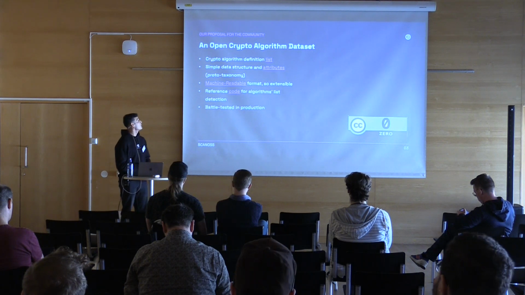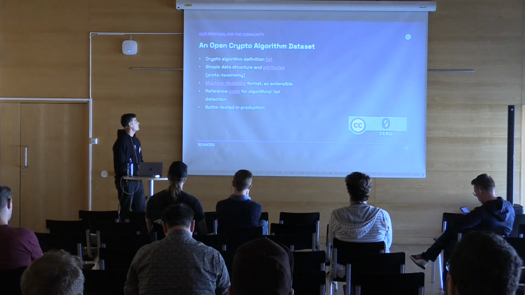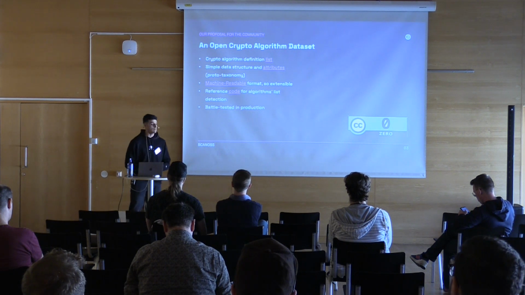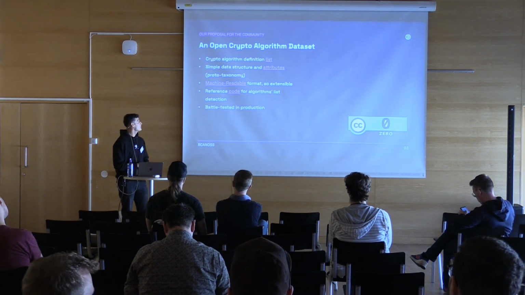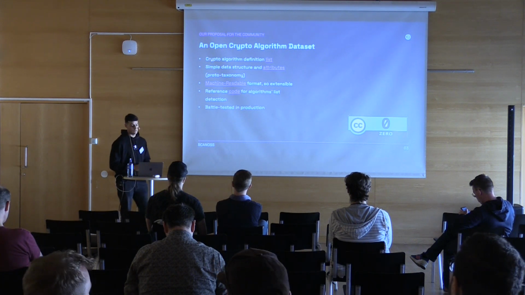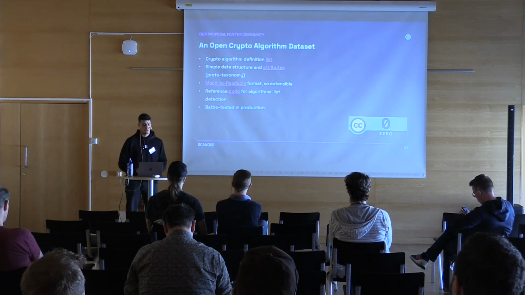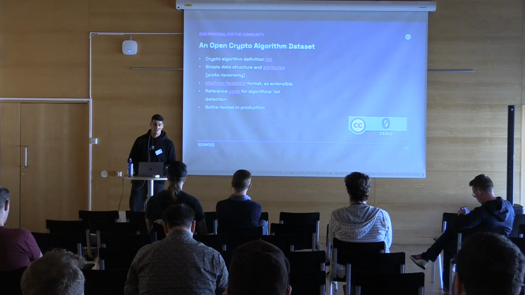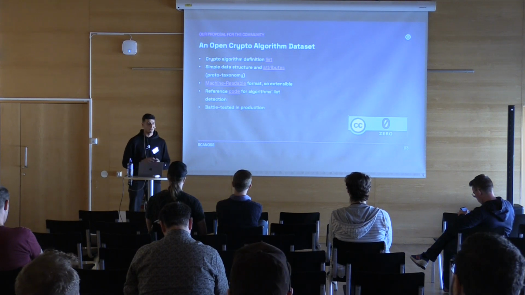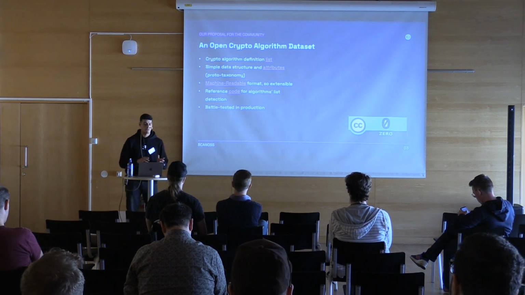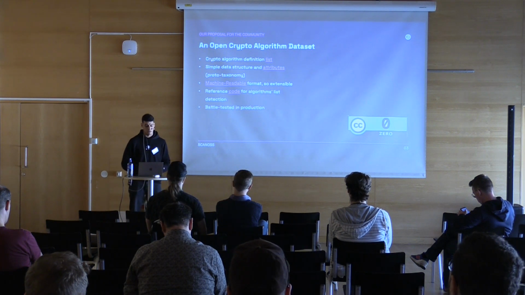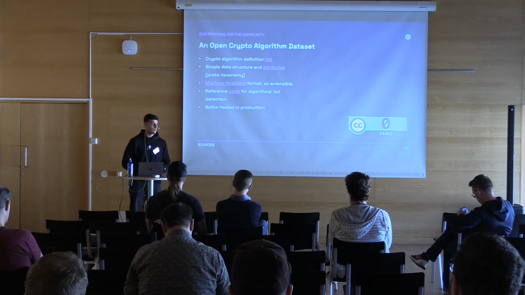So here's our proposal to the community. The Open Crypto Algorithm Dataset is a list which contains algorithm definitions, with a simple data structure and attributes. It has a proto-taxonomy. It's written in a machine-readable format, so it's extensible. You can pipe it into different CI/CD pipelines or whatever you need in your workflow.